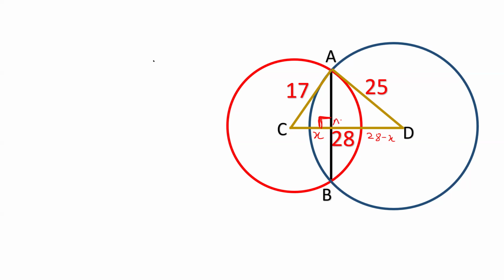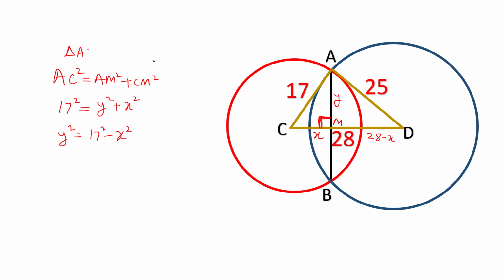Then if I take AM, AC square equals AM square plus CM square. Now we have AC is 17, AM let's say y, and CM is x. So the value of y square will be 17 square minus x square. This is in triangle AMC.